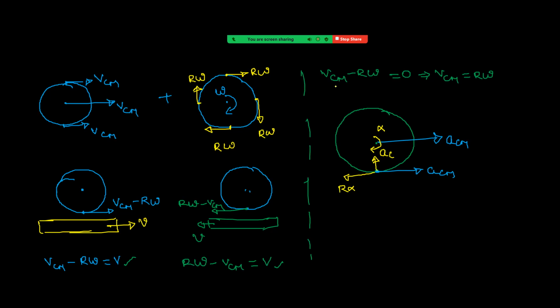Now if we differentiate that, we get ACM minus r alpha equal to 0. That means ACM is balanced by r alpha, but still AC is present. That means for the contact point, even though velocity is 0, acceleration is not 0. It is centripetal acceleration, which is towards the center of the body, or you can say towards the axis of rotation. Okay, let us see regarding these important points.